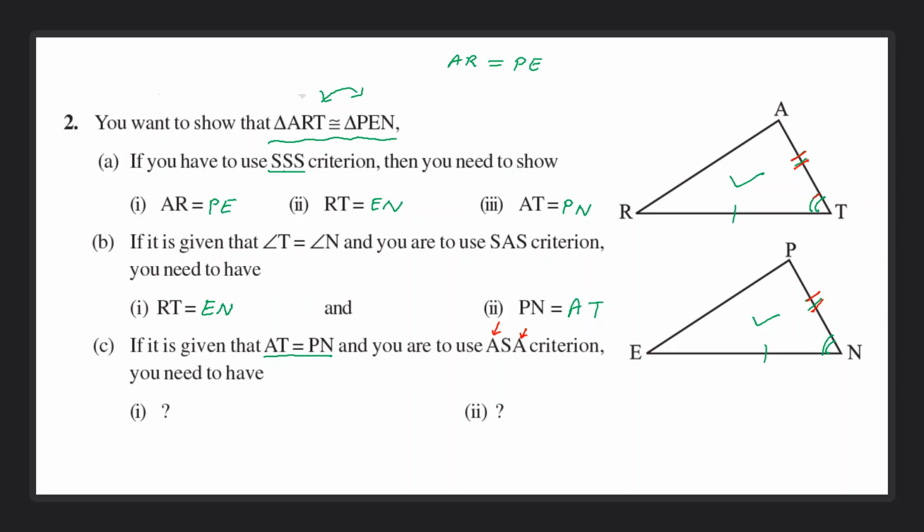So the two angles are this angle and this angle for this triangle. Same way for the other triangle, this is the angle and this is the angle. So you will have to show angle A is equal to angle P and angle T is equal to angle N. If you have these two, we can show that the triangles are congruent by using ASA congruence criteria. I hope this must be clear to everyone. Moving on to the next question.